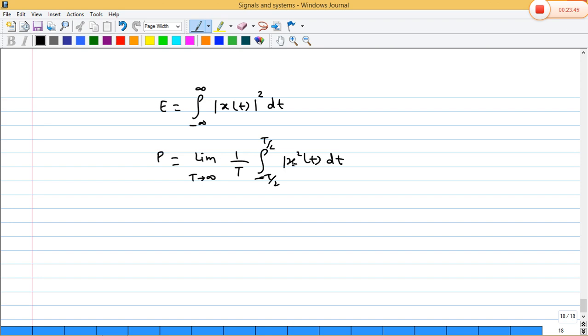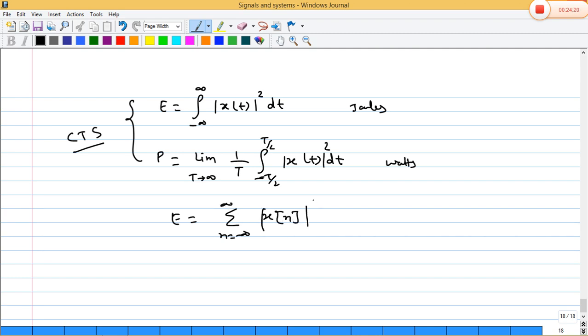Clear? This is joule. This is for continuous time signal. For discrete time signal, E will be the summation from n equals minus infinity to infinity of mod x of n whole square.